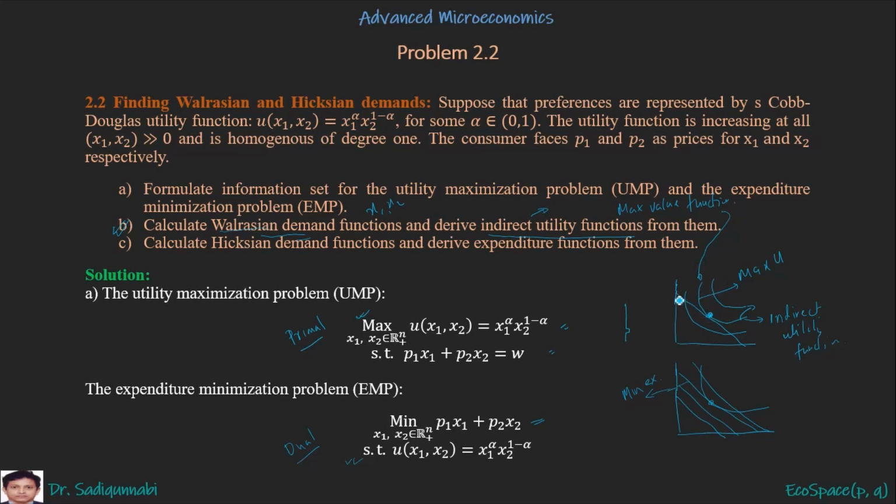And C says calculate the Hicksian demand functions, that means H1 and H2, and derive the expenditure function, and this expenditure function is the minimum value function. And this minimum value function is the budget line that is tangential to the optimal utility function.